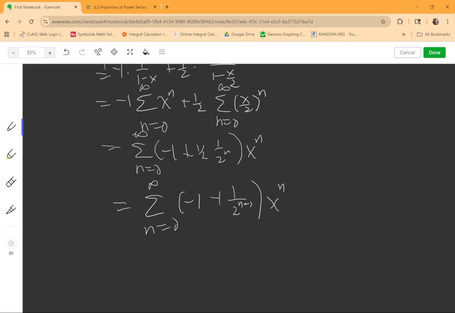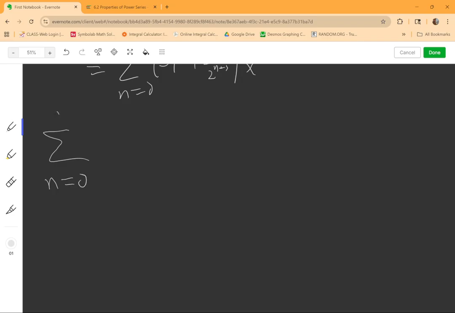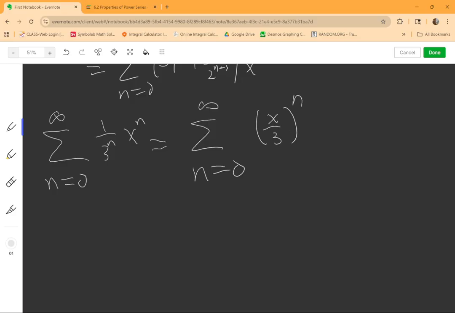Okay, so that's what we do when we're trying to construct a power series. Now, sometimes we're asked to determine what function it is, right? So here, for example, the sum n equals 0 to infinity of 1 over 3 to the n times x to the n. And we're asked to determine what function this represents. So whenever we have something to the n power, I could write it like this.